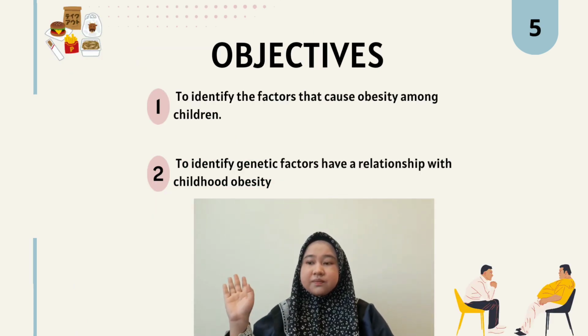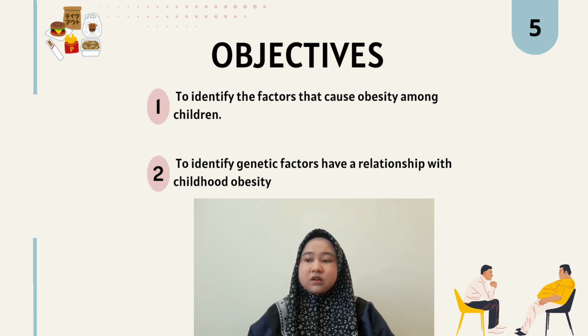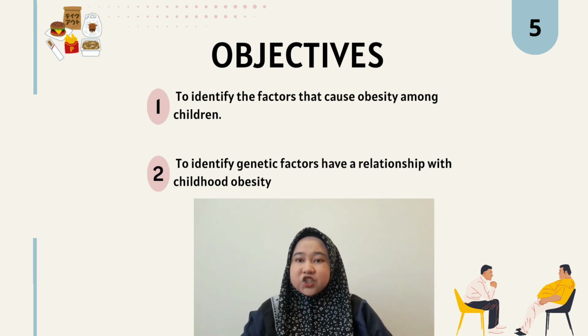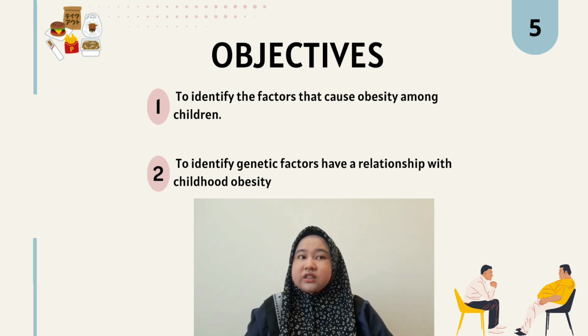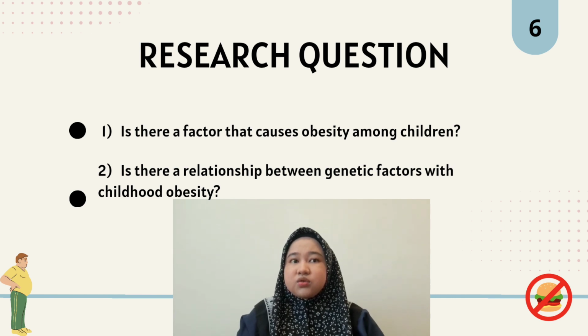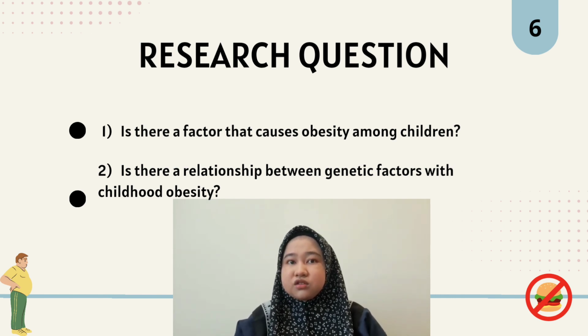As you can see, we have two objectives. One, to identify the factors that cause obesity among children. Two, to identify the genetic factors that have a relationship with childhood obesity. Okay, for the research question, every study needs a research question to complete and find the solution.